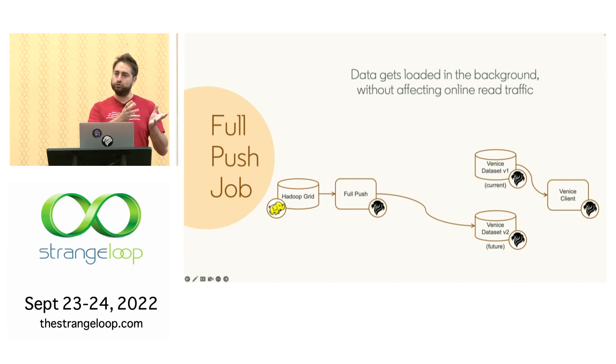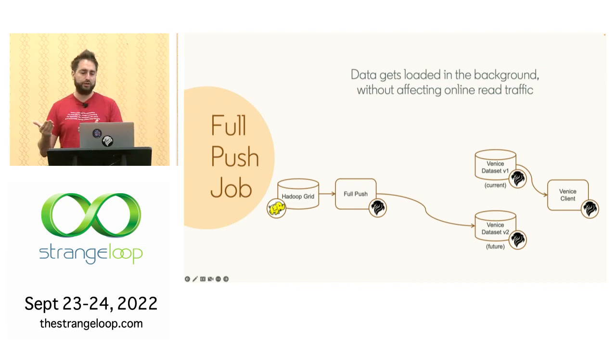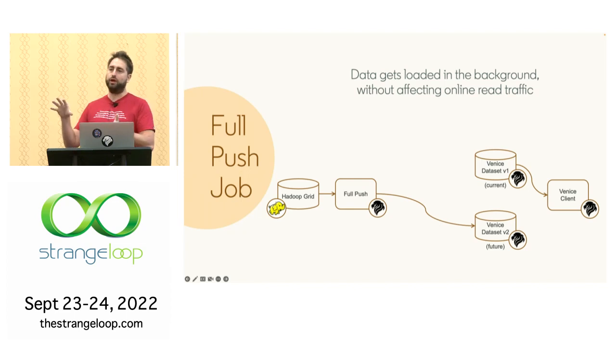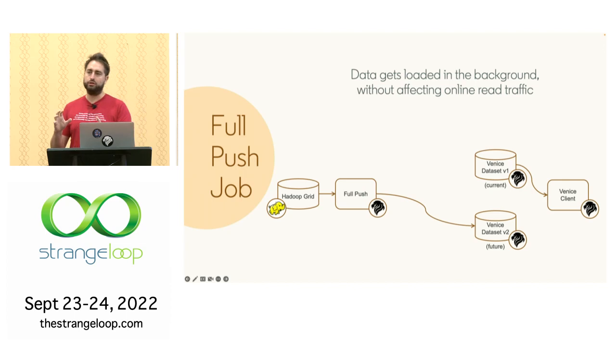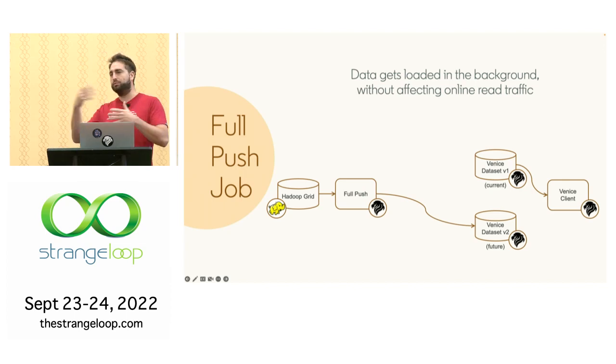Now, when a full push comes in, Venice will dynamically instantiate a new version of the data set and let data be loaded in there in the background. What that means is, while data is loading, we don't want to affect online traffic, right? We don't want them to see a blip or incomplete data or anything like that.